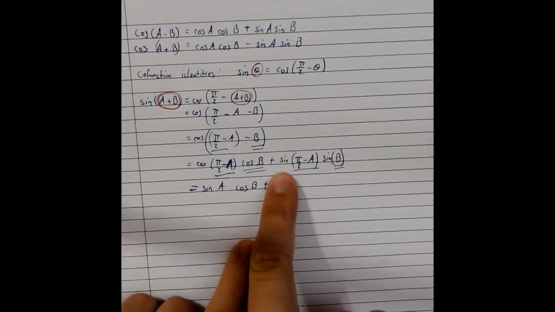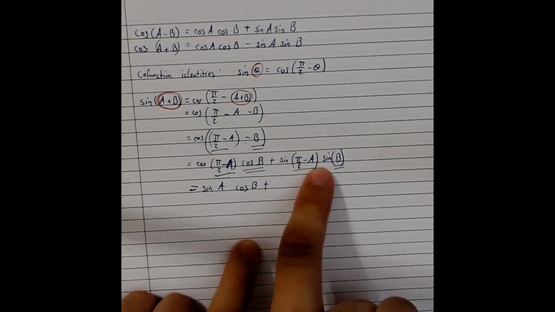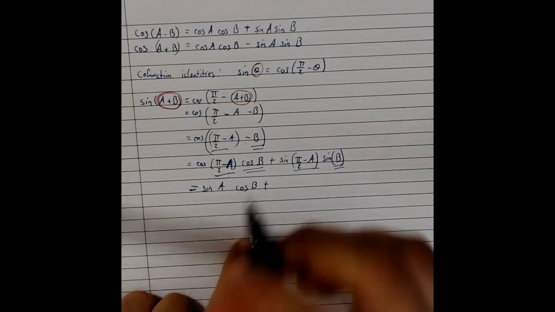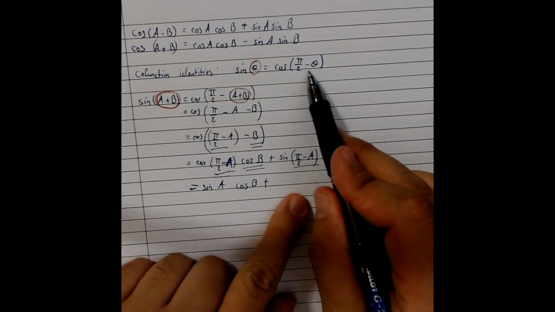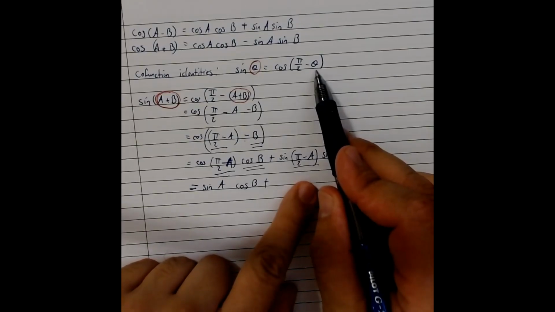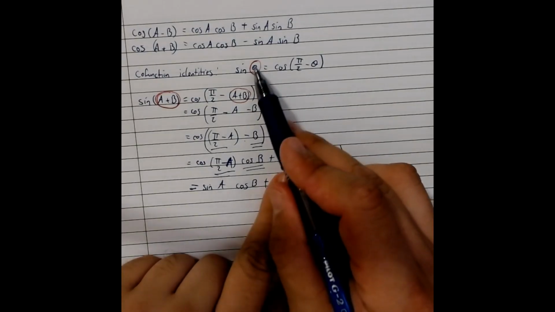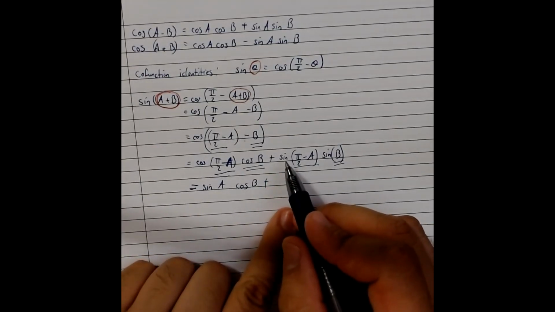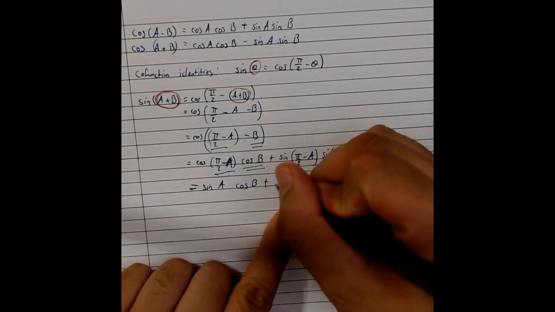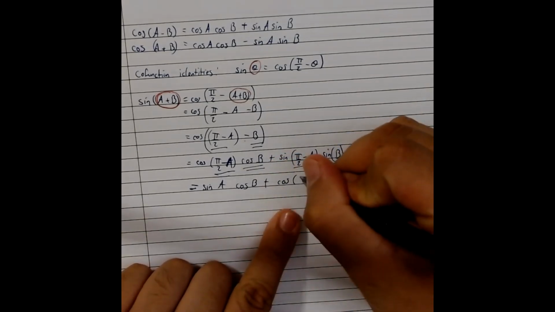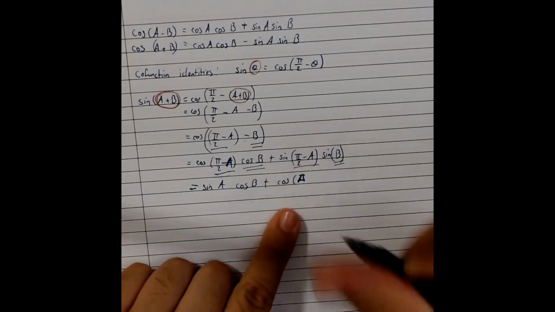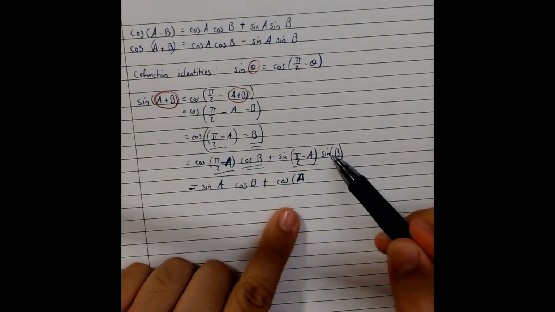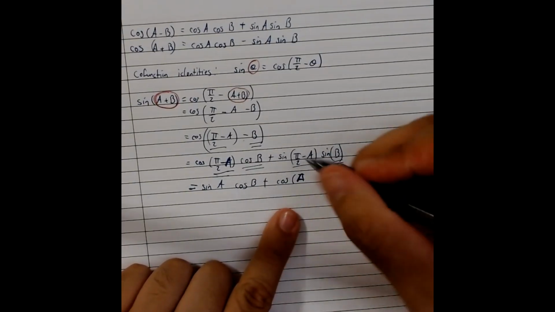Plus, here, sine of pi over 2 minus A. Well, again, that's a cofunction identity. Pi over 2 minus A, well, that's going to be just A plugged into the cofunction. Oh, so if that's sine, the cofunction must be the cosine. So this will be the cosine of A, the cofunction identity, and then here's sine of B. I'm just going to go ahead and leave that alone.